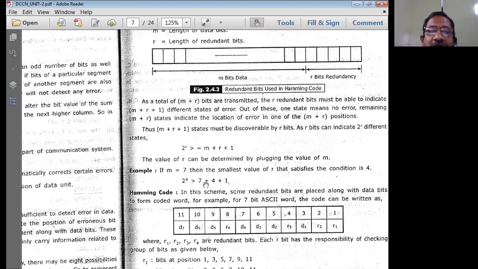This is going to be 7 plus 3 plus 1, that is 11. So 8 is not greater than 11. So this condition is false. Therefore, we'll take R equal to 4. If you take 4, it becomes 16. 16 is greater than 12. So therefore, this is going to accommodate the error correction for us definitely.